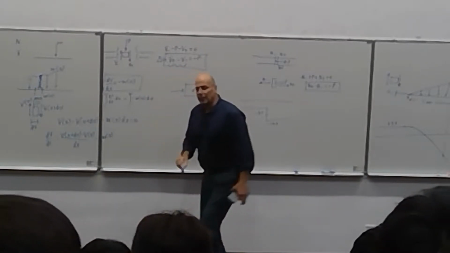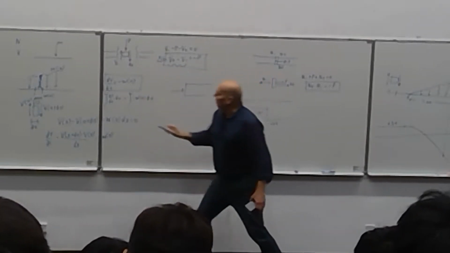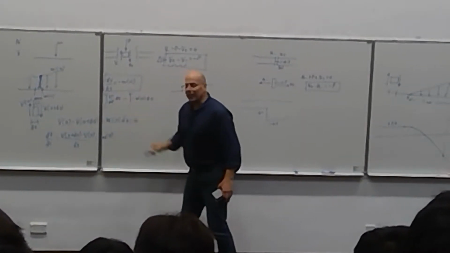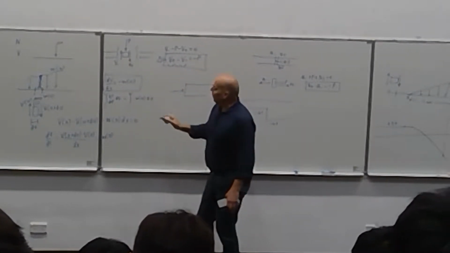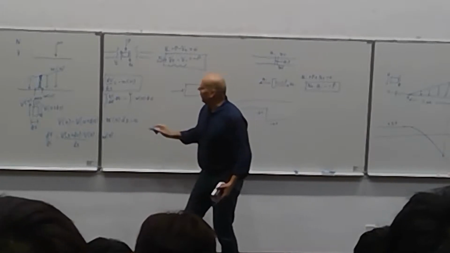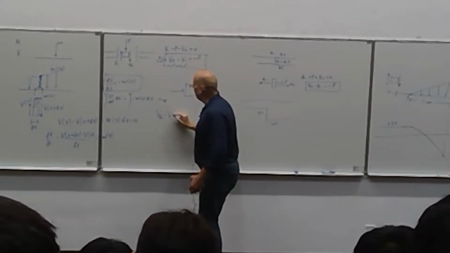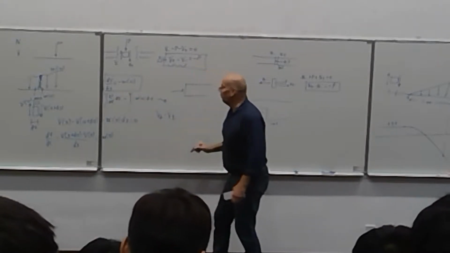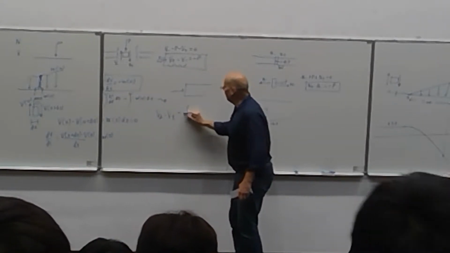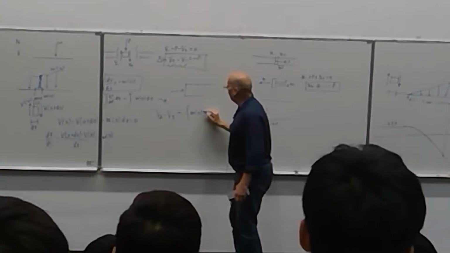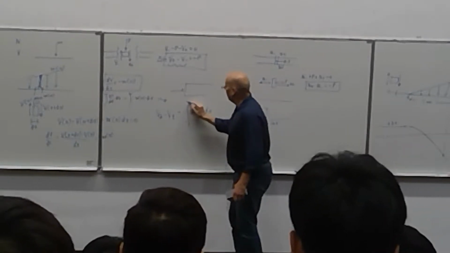The dx cancels, so we have the integral of dV, and the integral of dV is V. So it means the shear at point 2 minus the shear at point 1 is the integral, with a minus sign, of w of x dx between these 2 points.